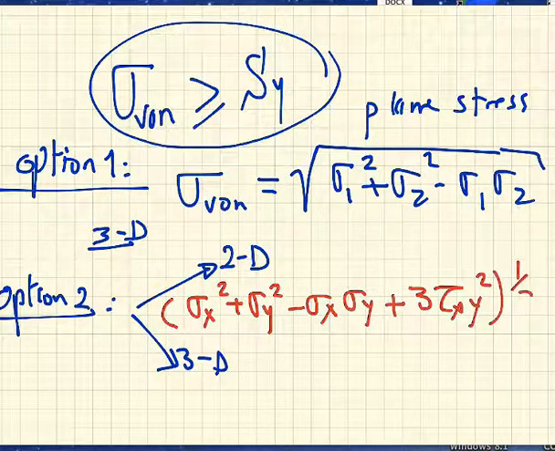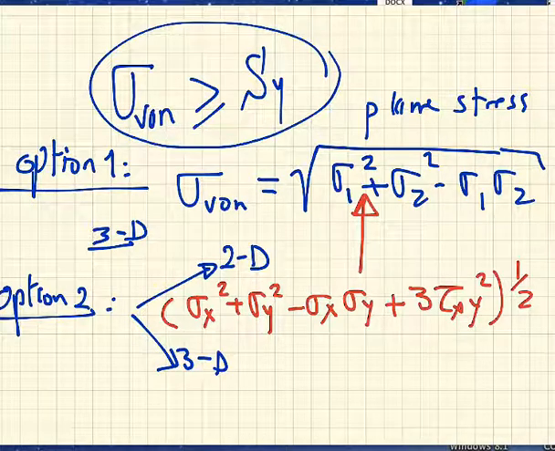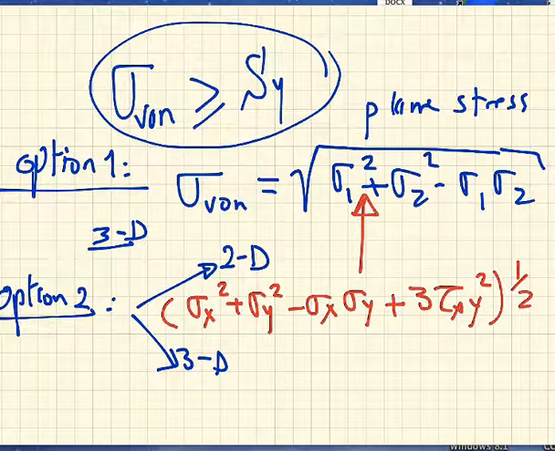So the red expression is the same as the blue expression in 2D, but we have not done the transformations to find the principal stresses. We just used the stress tensor as is without any transformations.